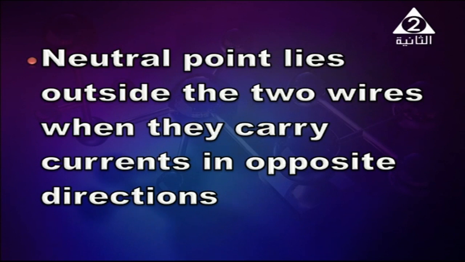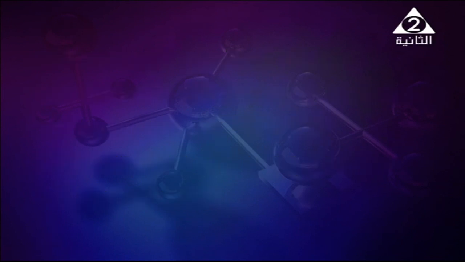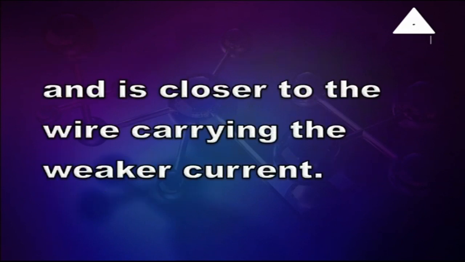So in the second case, when we have two wires carrying currents in opposite directions, we expect to find the neutral point outside the two wires, closer to the wire carrying the weaker current.